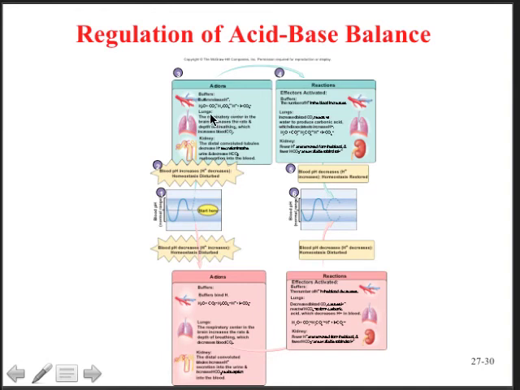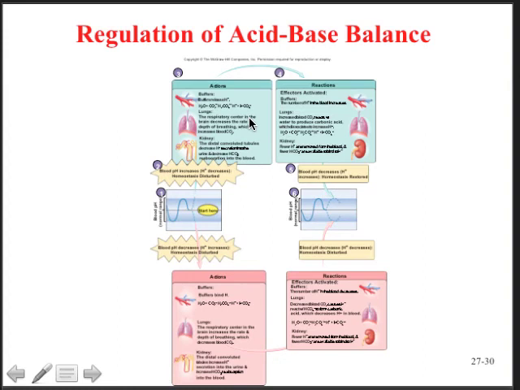In the lungs, respiration rate and depth will slow. The result is that carbon dioxide will accumulate in the body, and this will form more protons as a result of this carbonic acid equilibrium. So the CO2 builds up and reacts with water more extensively, both as a result of the reaction being catalyzed by carbonic anhydrase, but also because it happens spontaneously in the blood plasma itself.